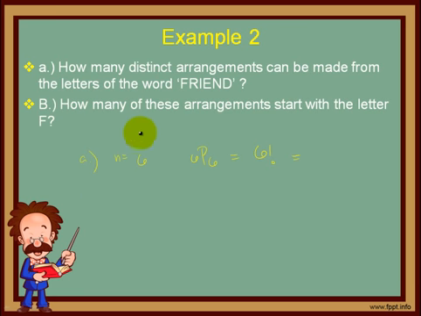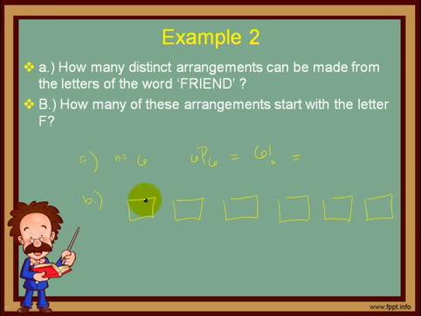Then, how many of these arrangements start with the letter F? Oh, this time, kung starts with the letter F, atong gamiton na karon ang fundamental counting principle. Okay? So, naay 6 man sila ka box, so, diri tag 6 ka box.